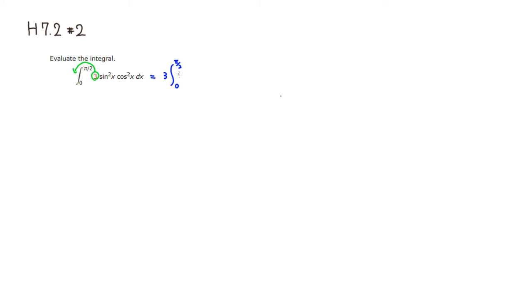Sine squared is 1/2 times 1 minus cosine of 2x, and the cosine squared is 1/2 times the quantity 1 plus cosine of 2x. And I guess dx here.